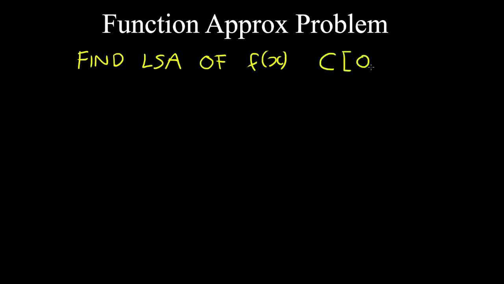Let's now summarize our function approximation problem. So we wanted to find a least squares approximation of a continuous function f of x, and what we'll do is find the approximation to this continuous function over the interval from 0 to 2 pi.